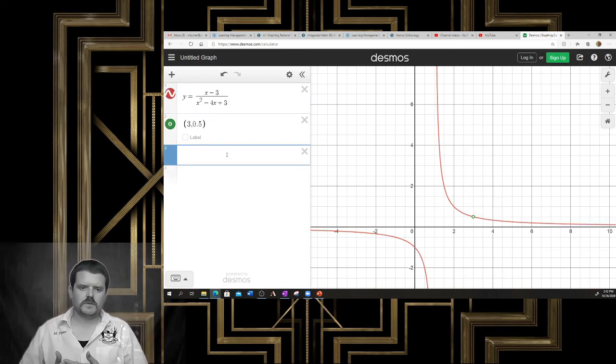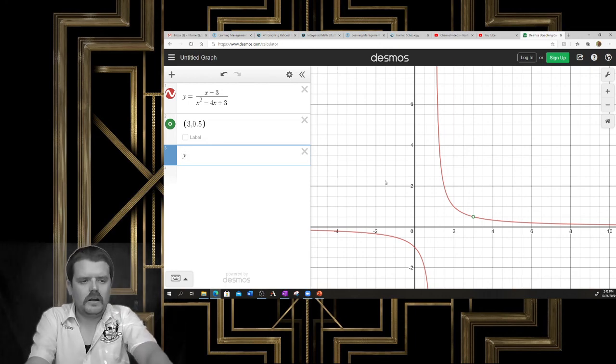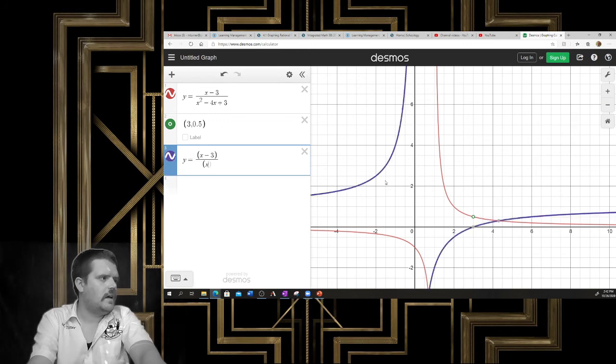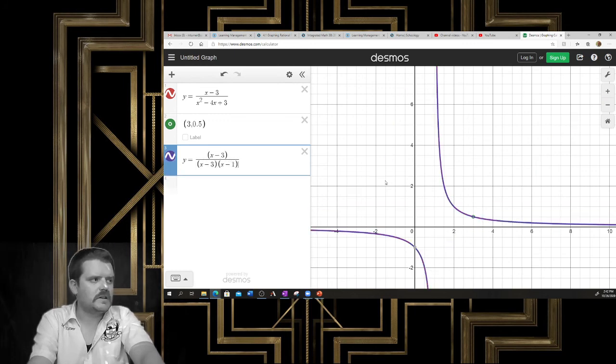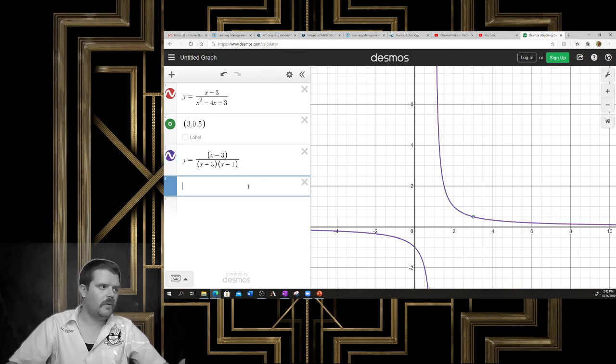What makes the difference between an asymptote and having a hole in your graph is if the quadratic or higher degree polynomial is factorable. And we just finished Unit 3 talking about factoring. The denominator here, I could rewrite as x minus 3 times x minus 1. And when I do that, it's simplifiable, right?